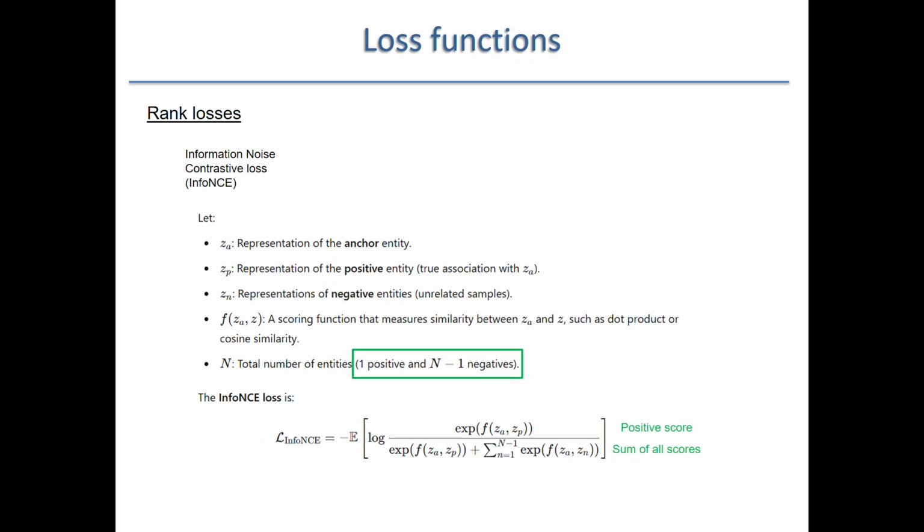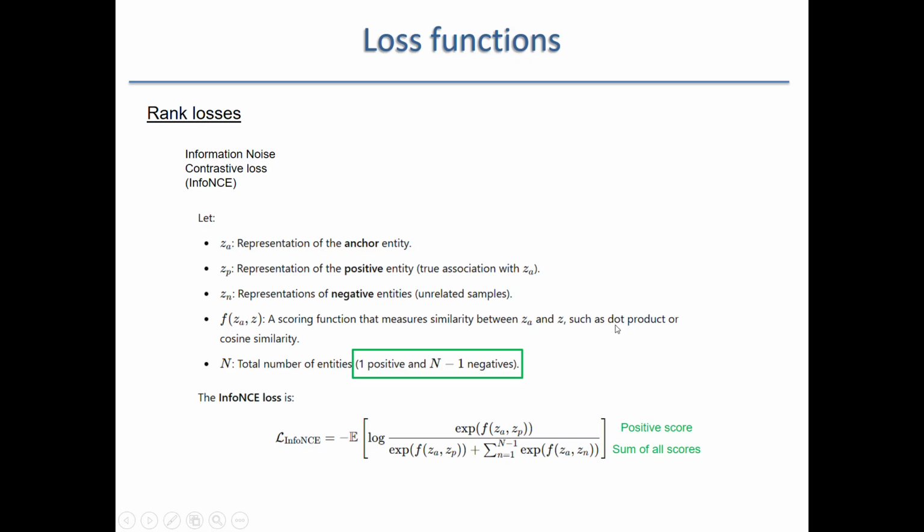More rank losses. This one is acting on the latent space, the information noise contrastive loss. So you have the representation of the anchor, the representation of the positive, the representation of the negative. These are the latent representations of your input points, and then you need a function to compare any representation to the representation of the anchor.